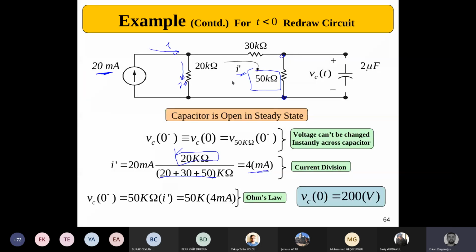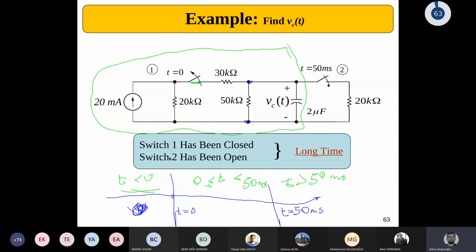This I cap is 4 milliamps, and 4 times 50K will give you 200 volts. That is, at time t equals 0, we have plus minus 200 volts in here. That is the initial value of V of C.